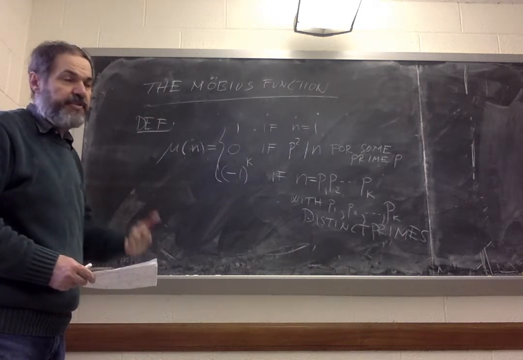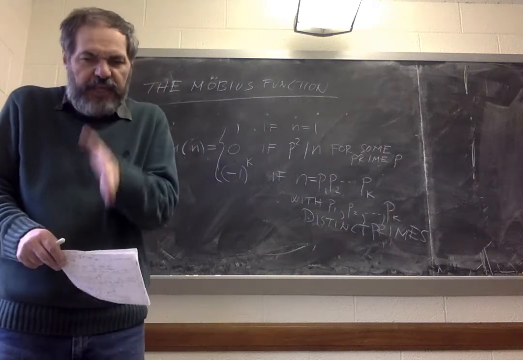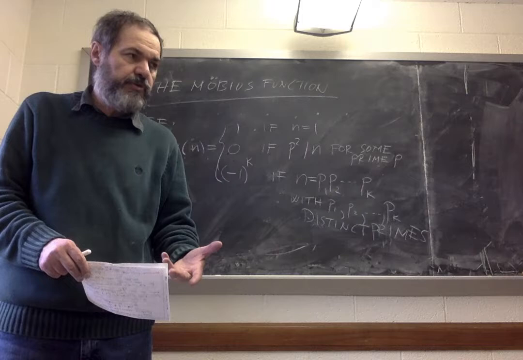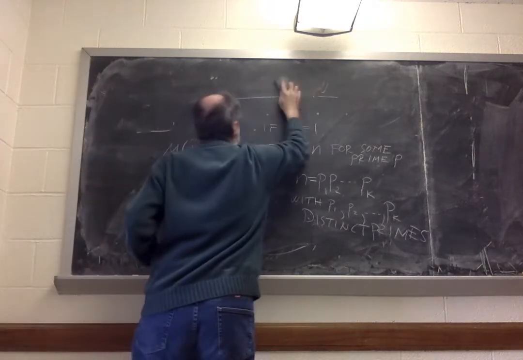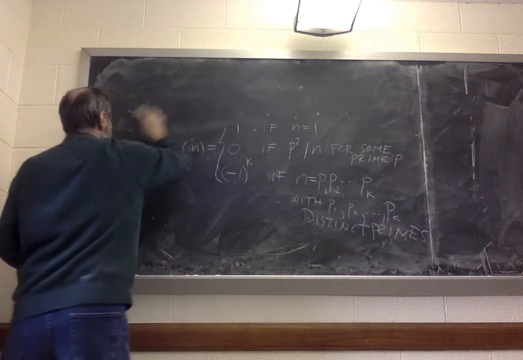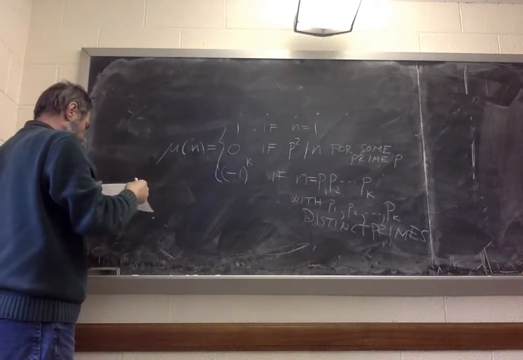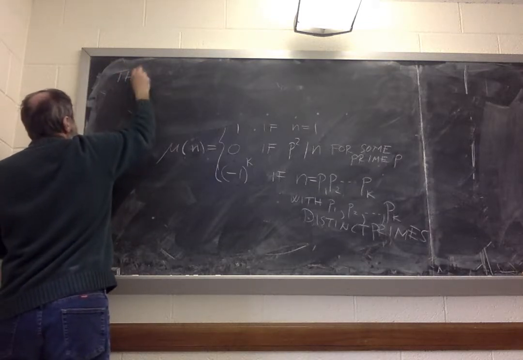Although it does have the same property as the others before: this is a multiplicative function. And one can check this immediately. So I write this as a theorem, if I have it here. I think we have this.